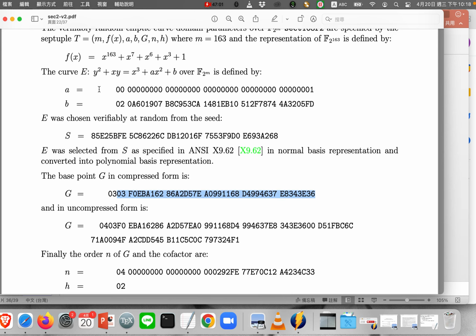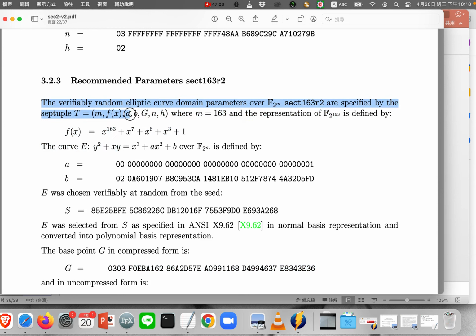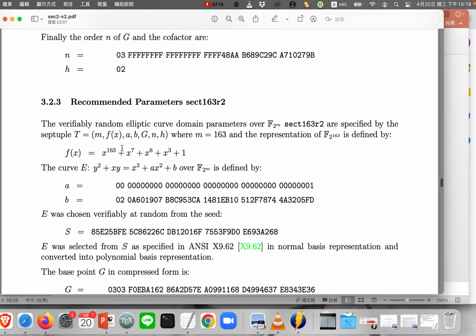In the elliptic curves over binary field, that will be a little tricky because we need some algebraic properties to solve the quadratic equation, because we cannot apply the quadratic formula.